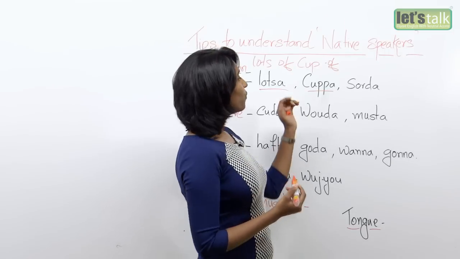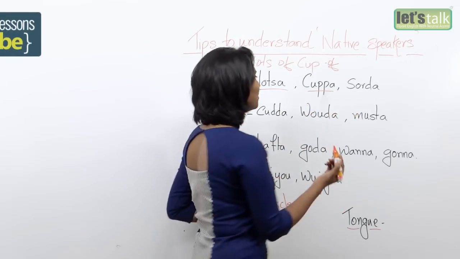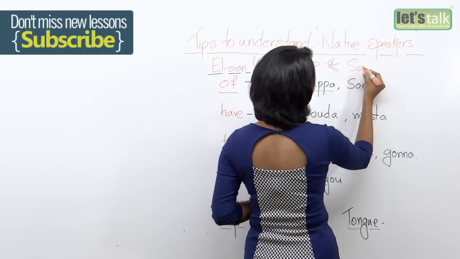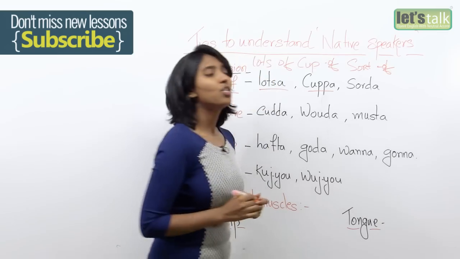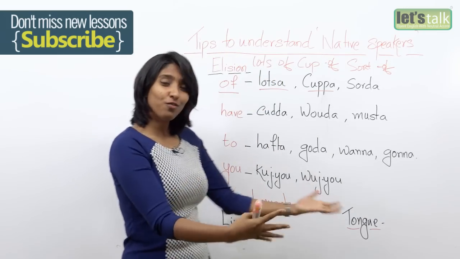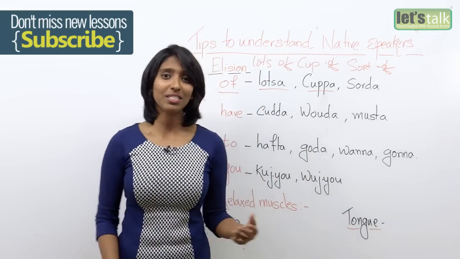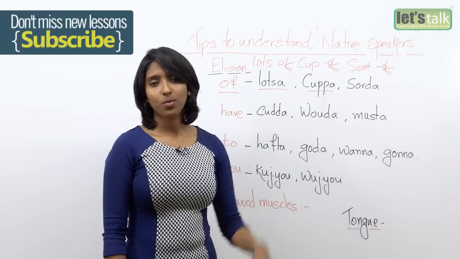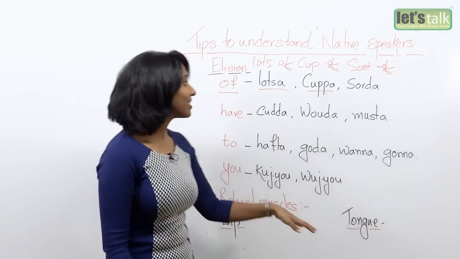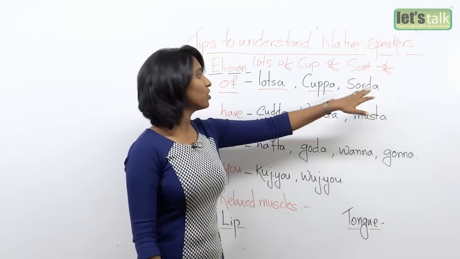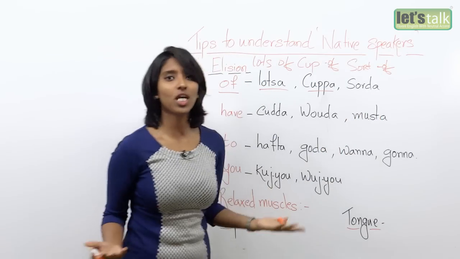Okay? Moving on to the next one, sorta. What's sorta? Don't get confused. It's actually sort of. Like, this is a sort of costume that I want to wear. And they don't really want to say that. They will say, this is sorta dress I want to wear. Yes, sort of becomes sorta. Notice something. Here I'm not saying sort-of-t.